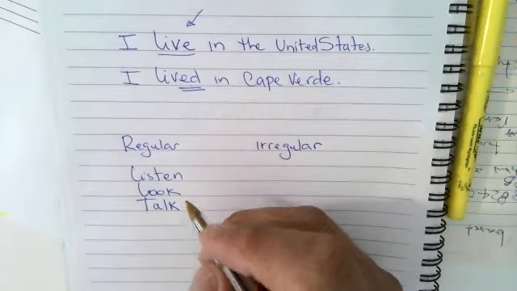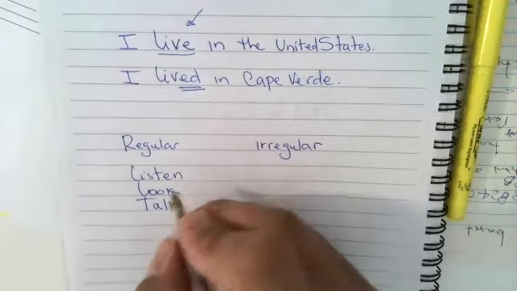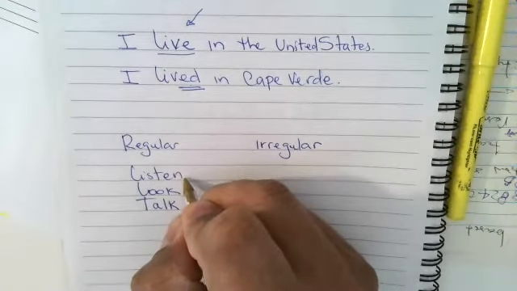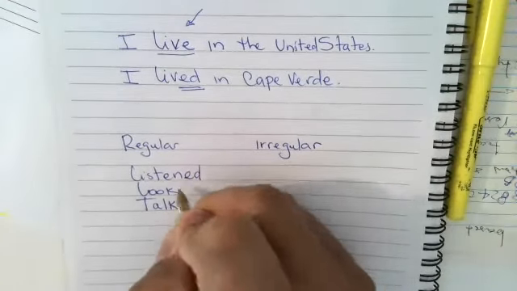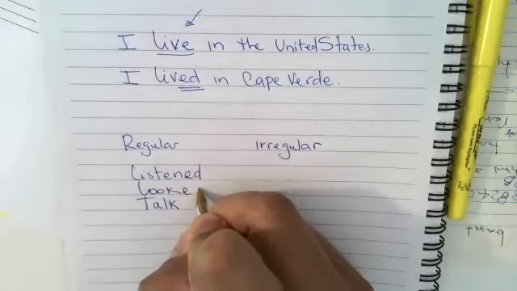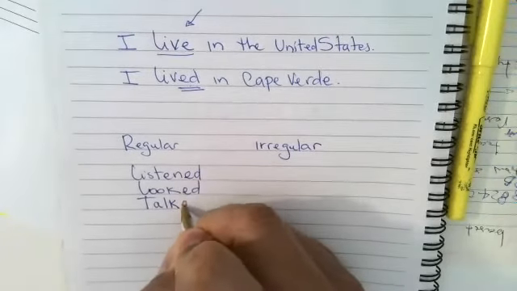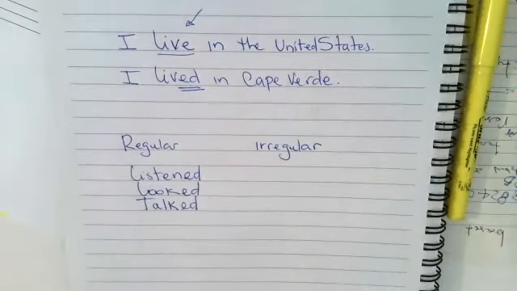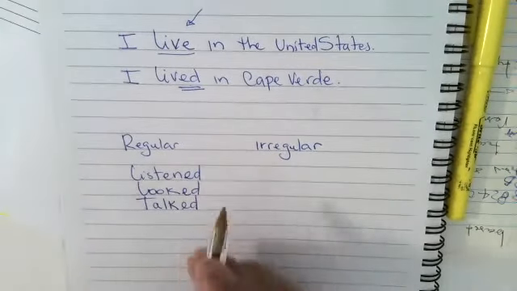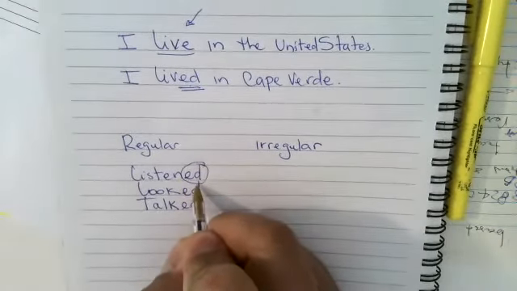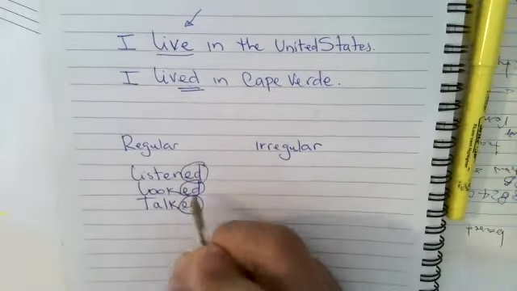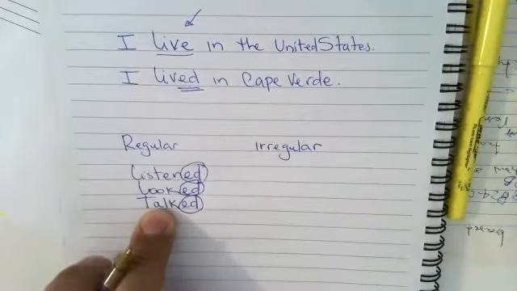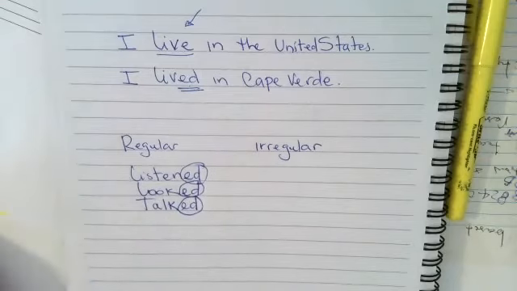And these verbs, when I want to write about the past, I add ed to these verbs. Listened, looked, and talked. Okay? So this is why it's called regular, because the only thing I have to do is put ed in front of it and it shows me that the verb goes to the past.